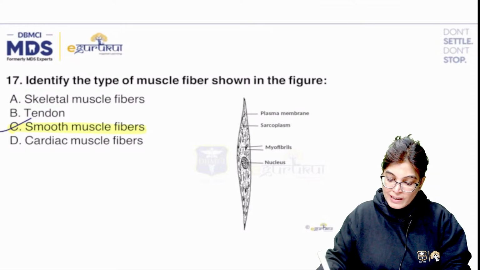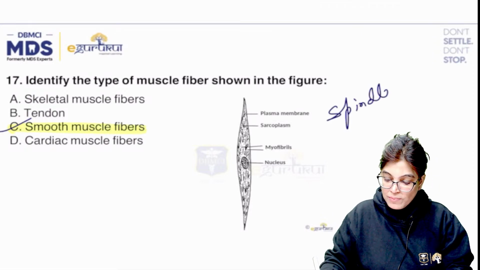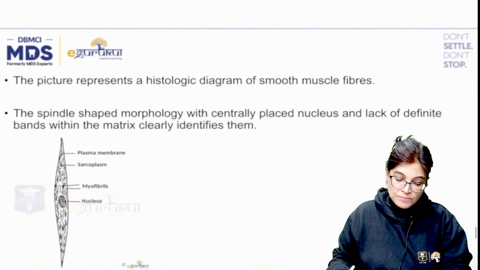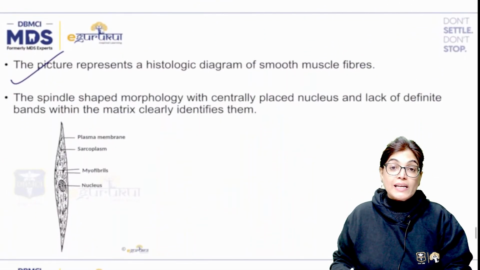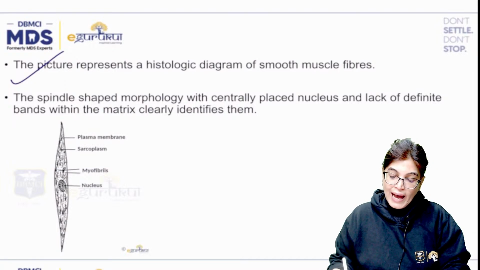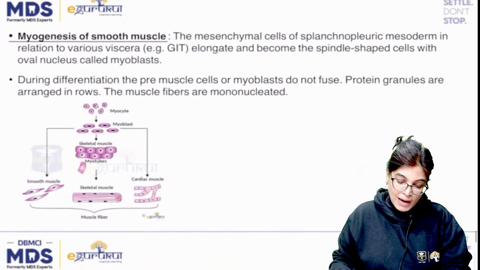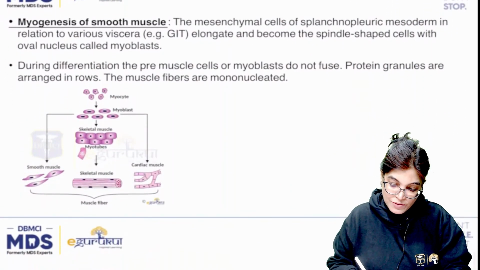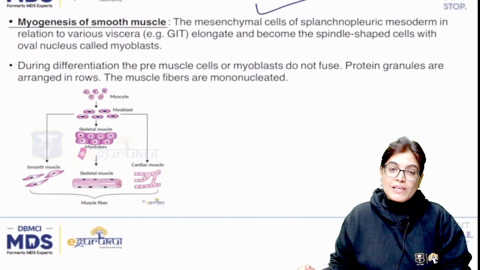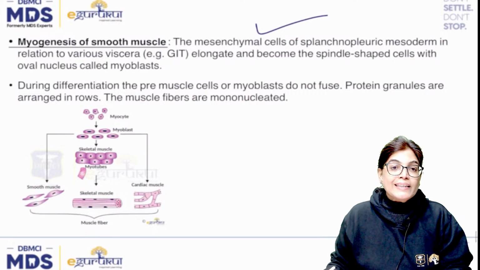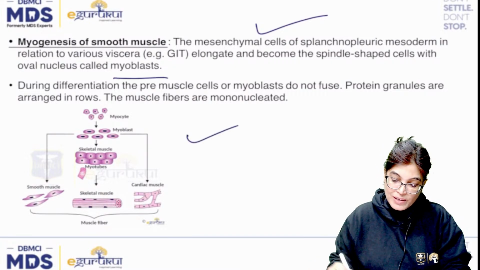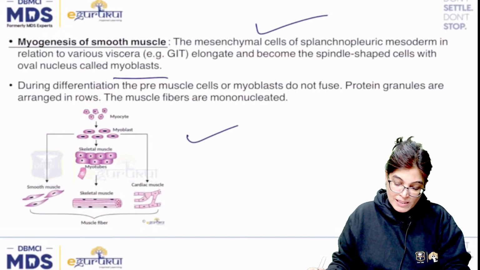The muscle fiber is spindle shaped and the nucleus is in the center. So definitely the picture represents a histological image of smooth muscle fibers. Regarding myogenesis of smooth muscle, the mesenchyme cells derived from the splanchnopleuric mesoderm lead to the formation of spindle shaped cells with the nucleus in the center, myoblast differentiation takes place and the muscle fibers are formed.